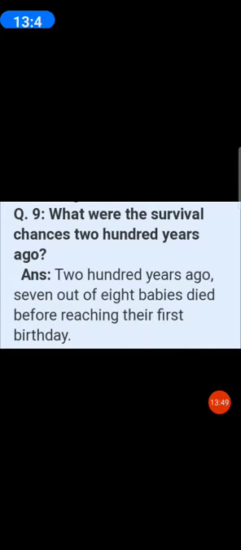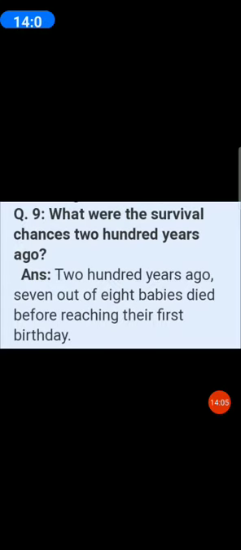Question number 9. What were the survival chances of babies 200 years ago? 200 years ago, 7 out of 8 babies died before reaching their first birthday.